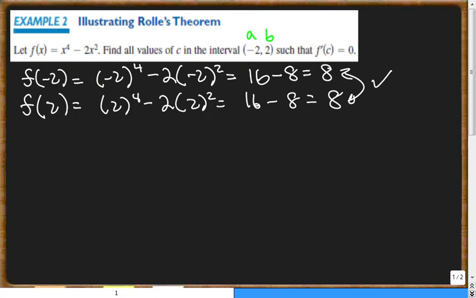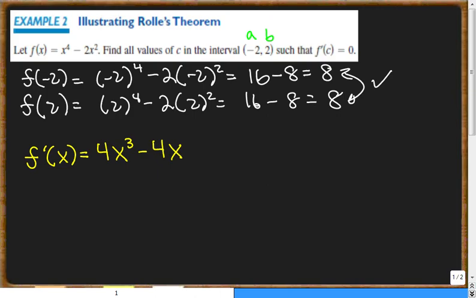So it says there should be some numbers between -2 and 2 where the slope for this whole graph is 0. So I'm going to want to find f prime of x first. That's what I need to do. So f prime of x pretty easily is going to be 4x cubed minus 4x.